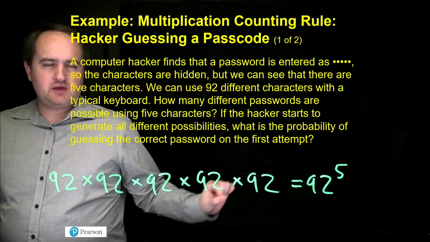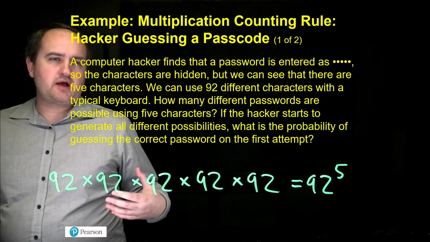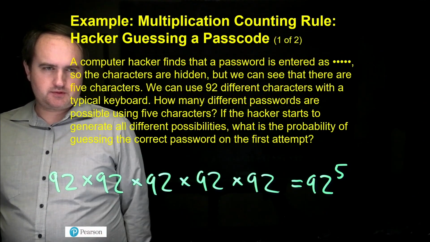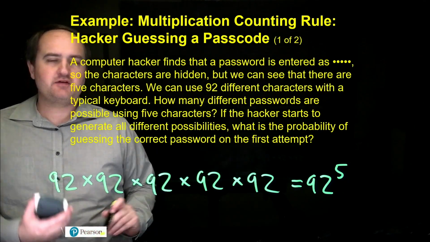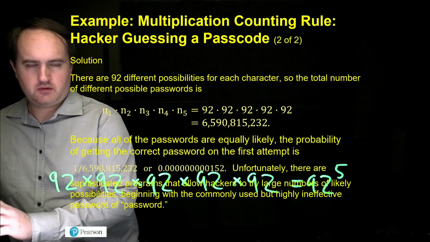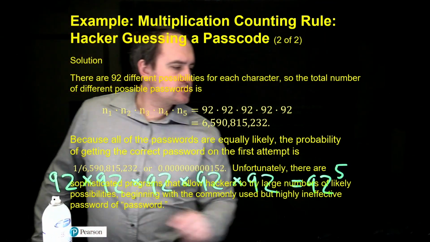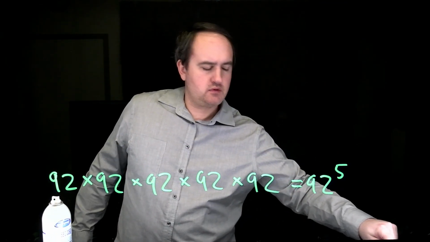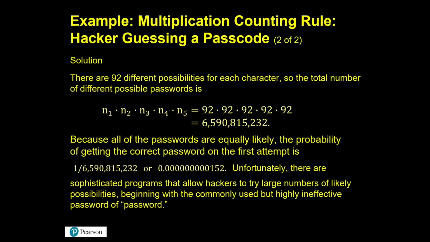What we've counted there is the number of possible passwords. That's a heck of a lot of passwords. Let me switch to the other view. As you can see here, we're just multiplying the number of possibilities for each digit, and that gives us the number I just read to you.